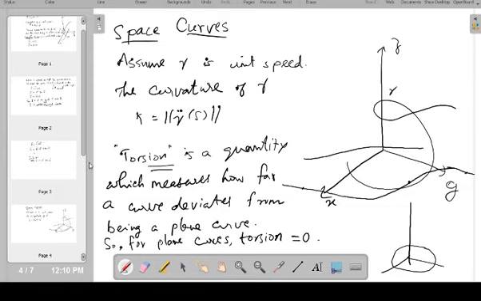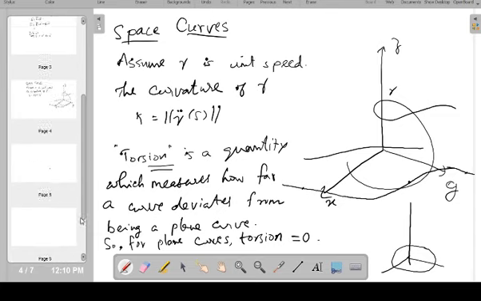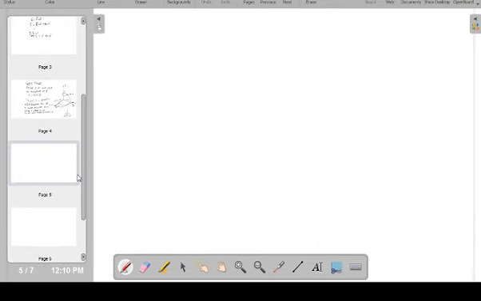For that, I have started with a unit speed curve. T, which is equal to gamma dot, is a unit vector, which is the tangent vector.